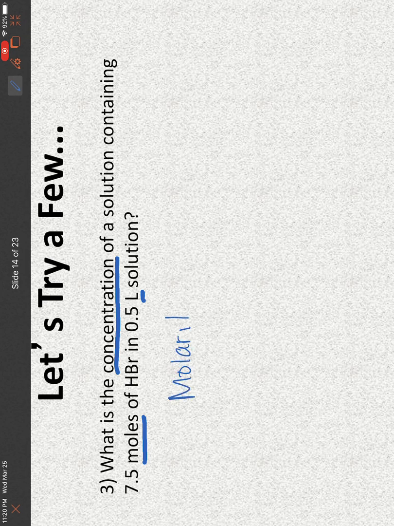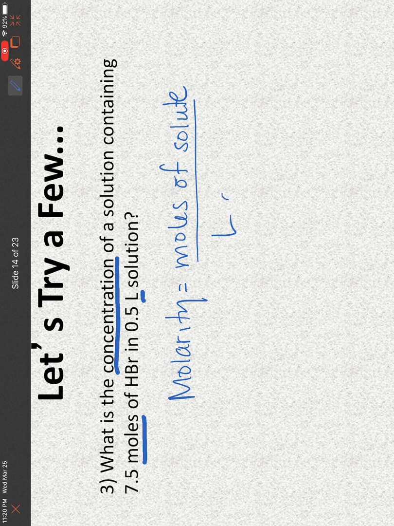And in this question, again, they mention moles and liters. So that tells me I have to use the molarity formula. Molarity equals moles of solute over liters of solution.